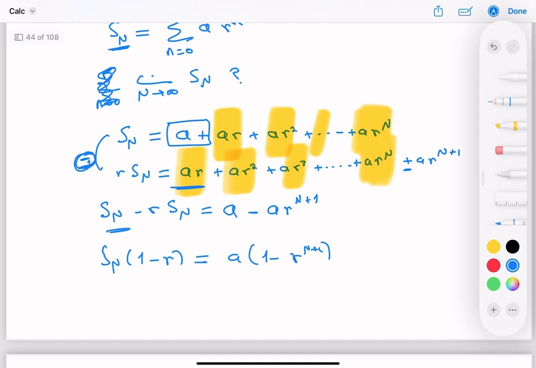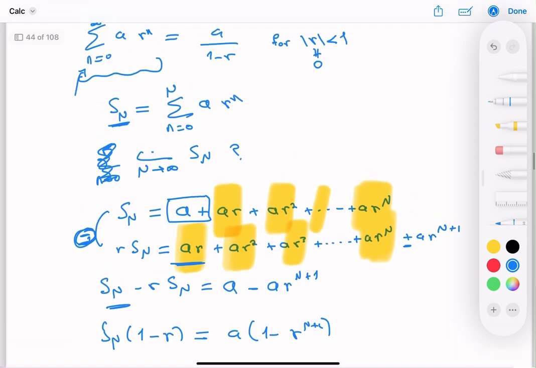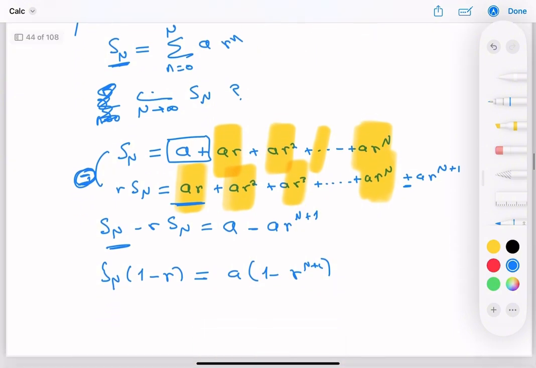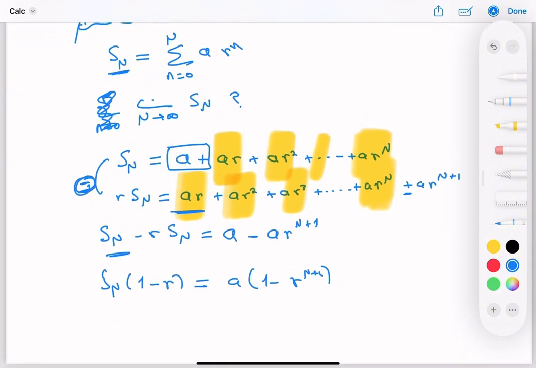So here comes the importance of this assumption. It's very important, and there's another place where it's important. Now, since r in absolute value is less than 1, then 1 minus r is not 0. I hope this is clear, right?